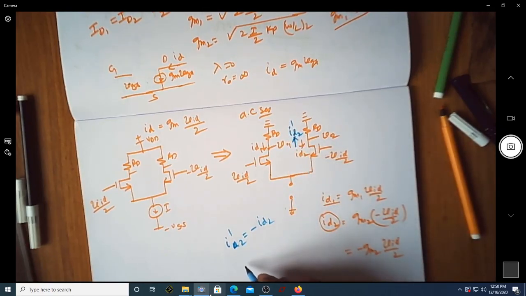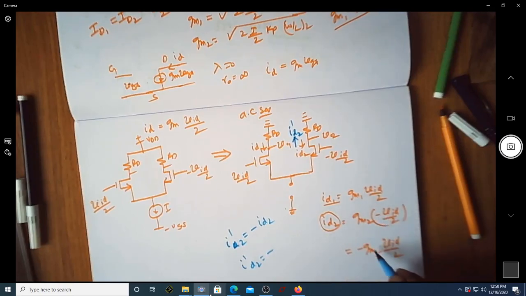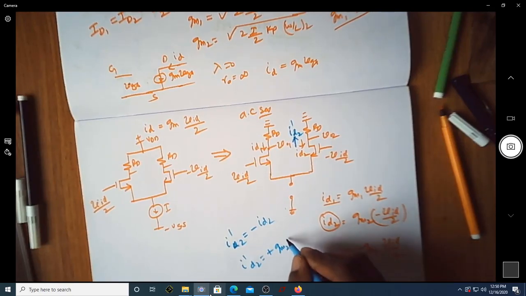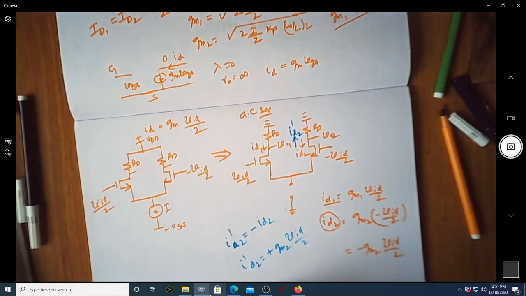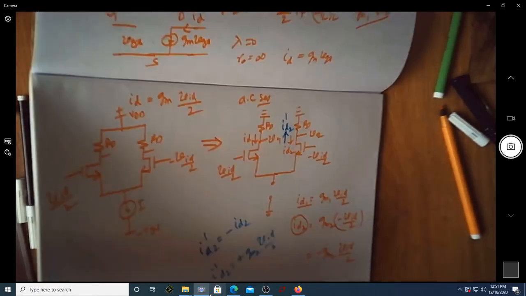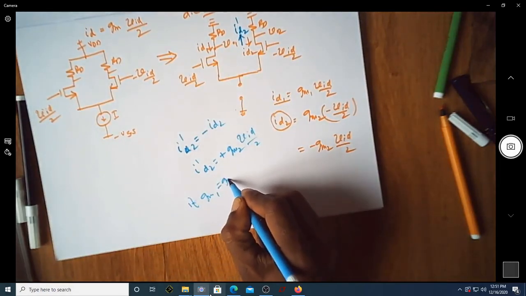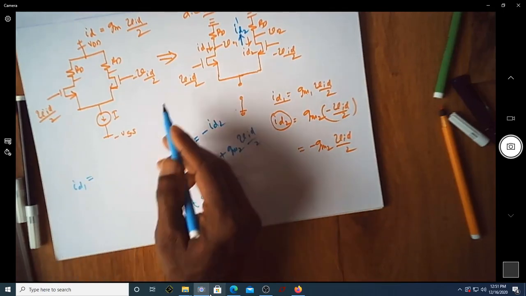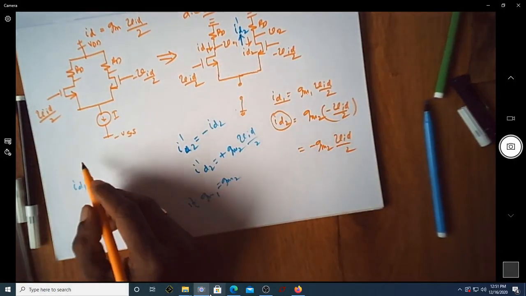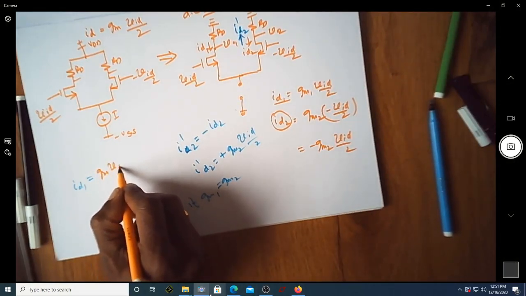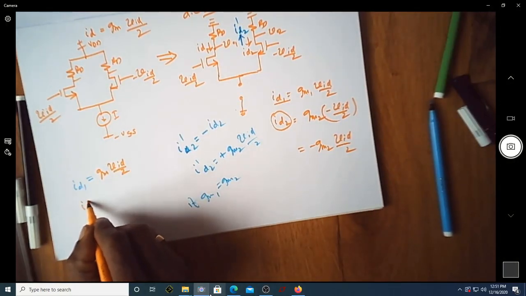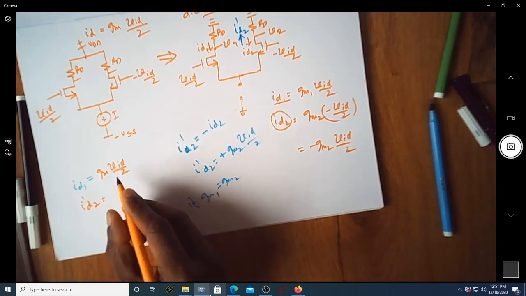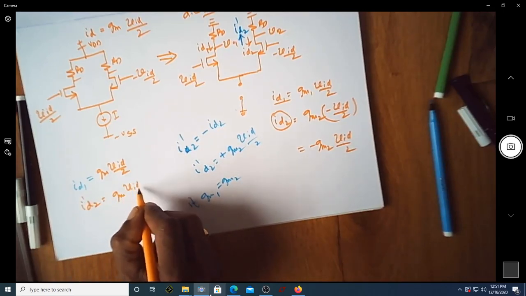So I dash D2 is equal to minus of ID2, which is minus of minus, so the signs cancel. It is GM2 VID by 2. If GM1 is equal to GM2, can I write ID1 is GM into VID by 2, and I dash D2 is also GM into VID by 2.